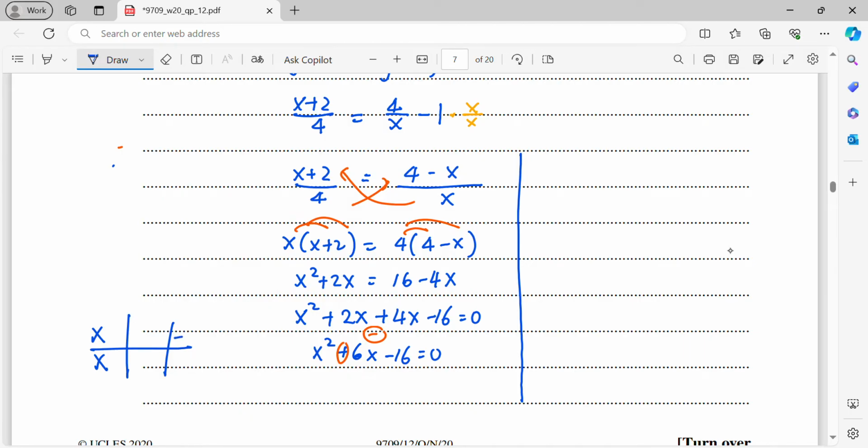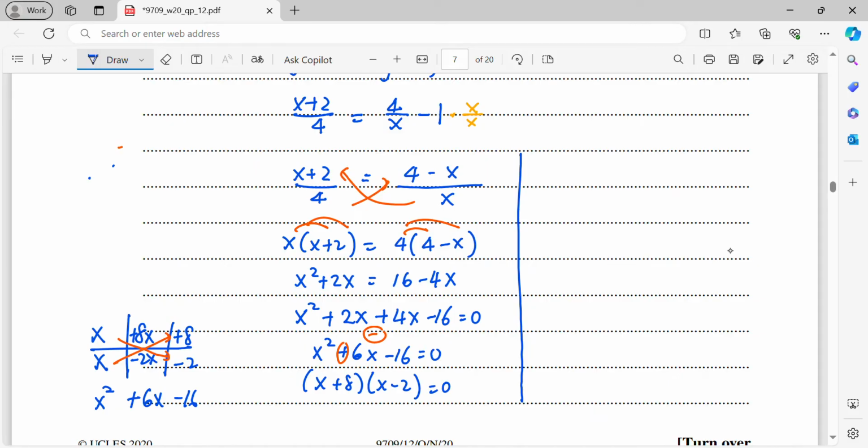So it will be plus 8 and minus 2. Therefore, plus 8x minus 2x over here. You will get x squared plus 6x minus 16. And then followed by cross multiplication to get the factors. So that means you will get (x plus 8)(x minus 2) equals 0.